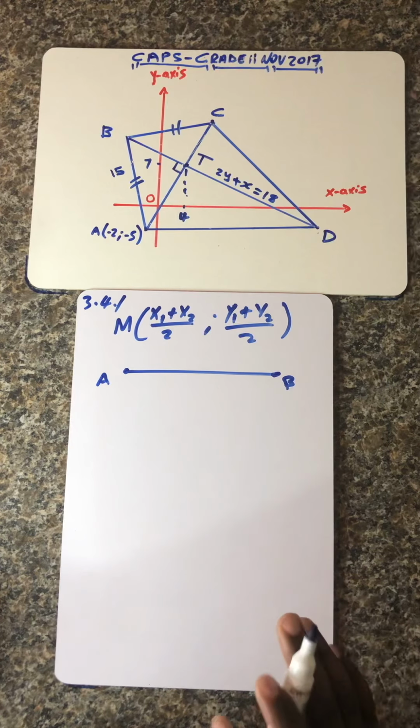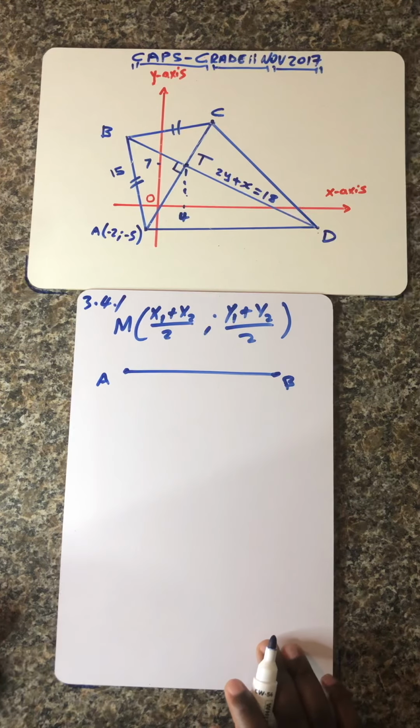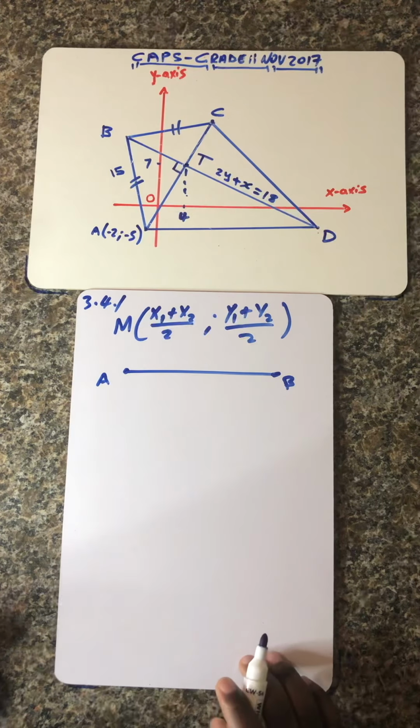So this is just for an example. You can regard this as an additional mini lesson, just so that you have a good understanding before we start answering that question.